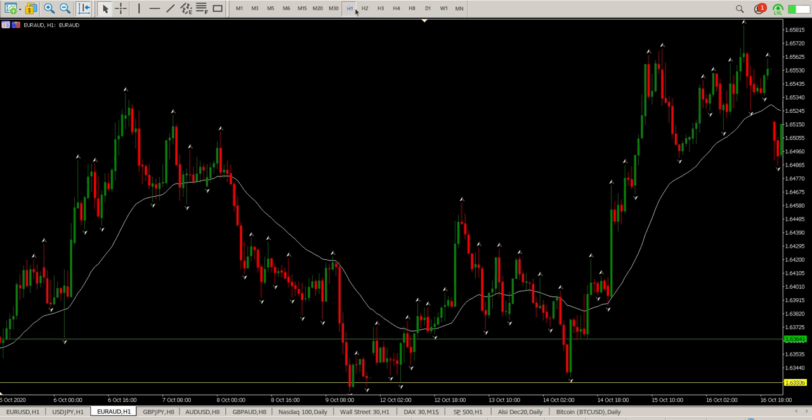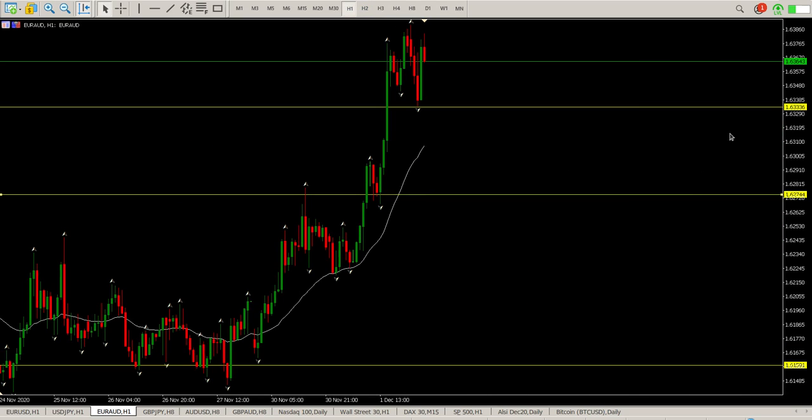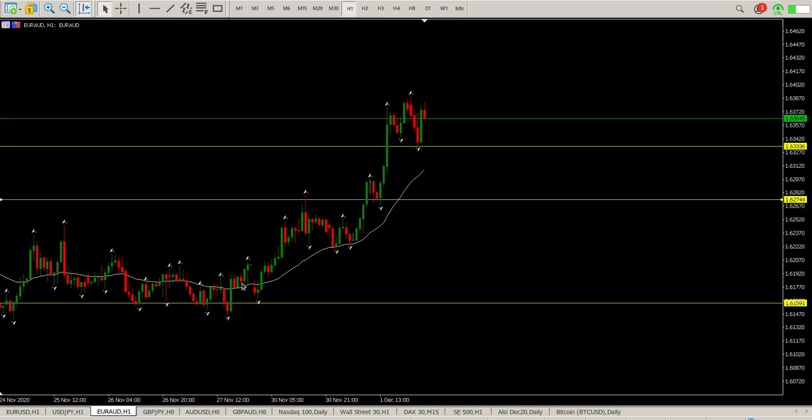If we get down to the hour, you'll see rejection there. See how we tested the moving average here, break up, and then came to find support here at 162.744. So this could be an area to buy into depending on price action. I just don't like the way that this is happening at the moment.